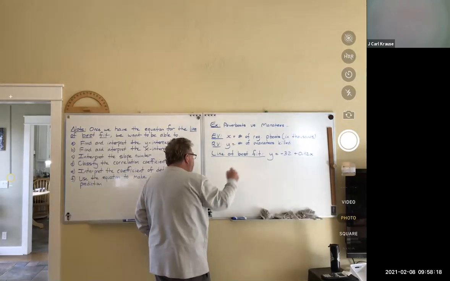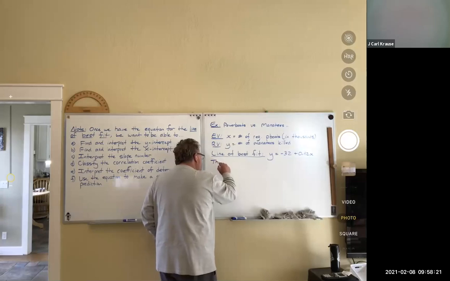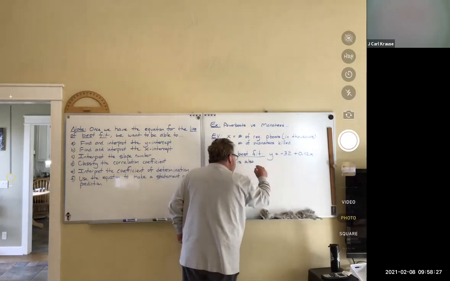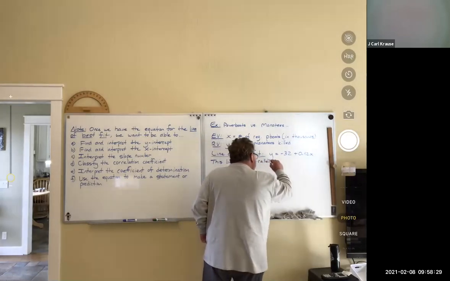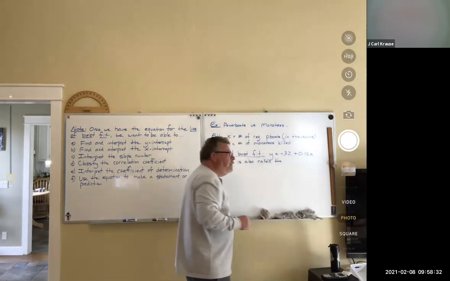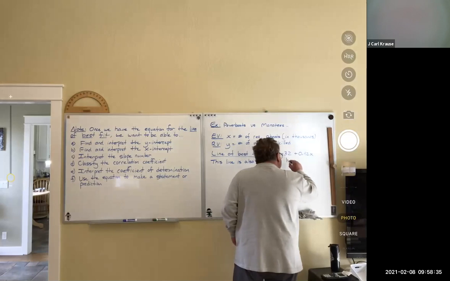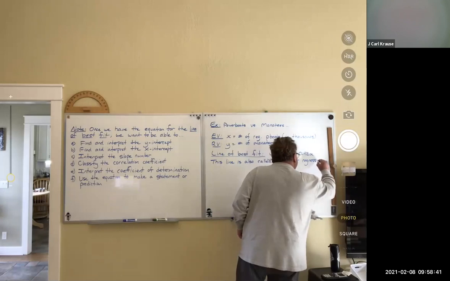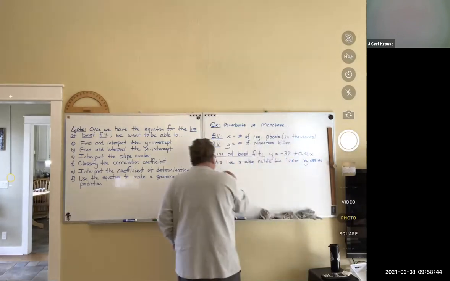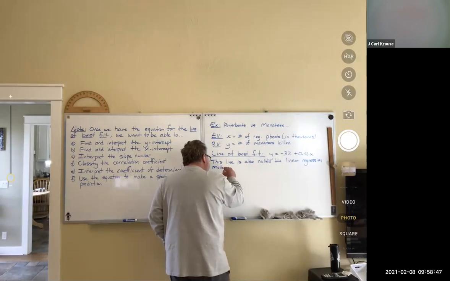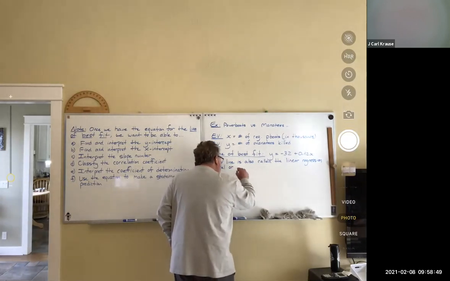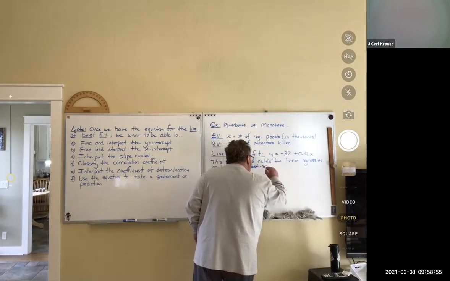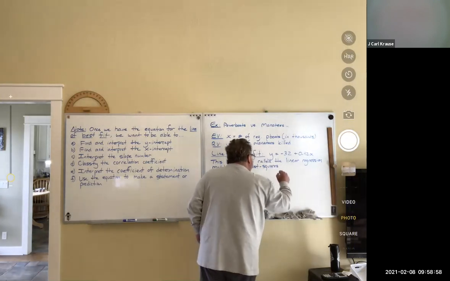And let me put these other vocabulary words up here. This line is also called the linear regression model, or the least squares line.